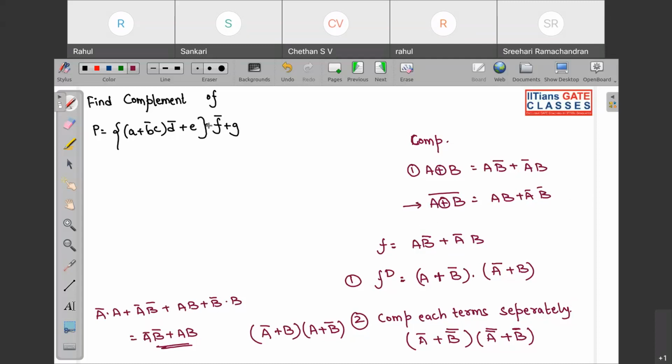With that, I want you to find the complement of this complex looking function very quickly.